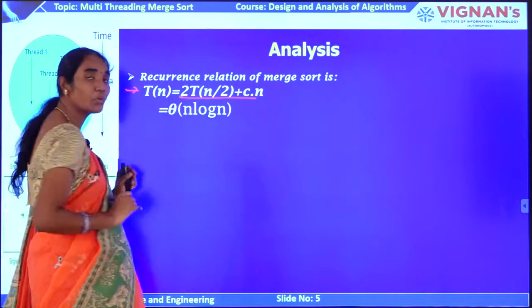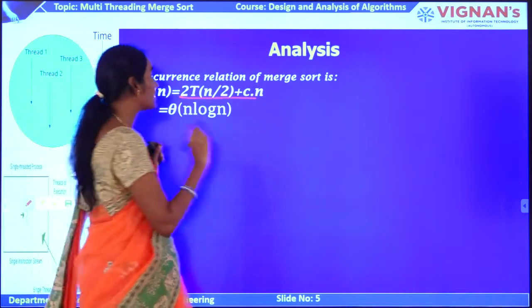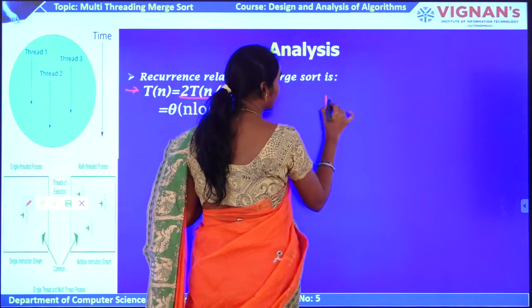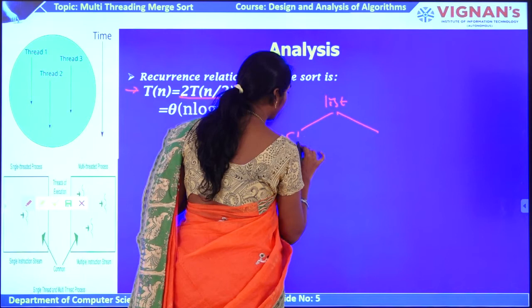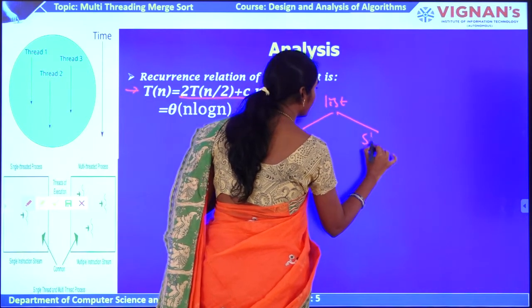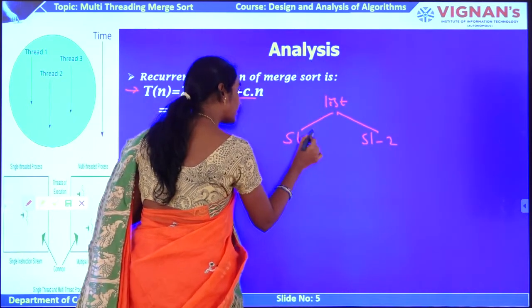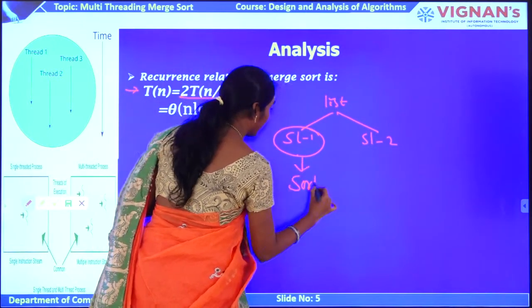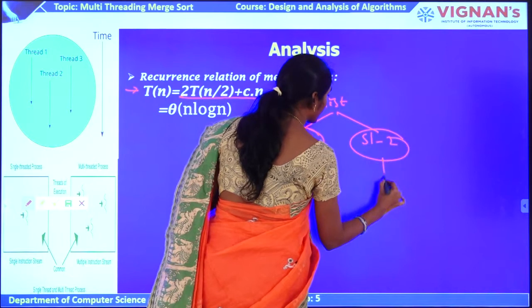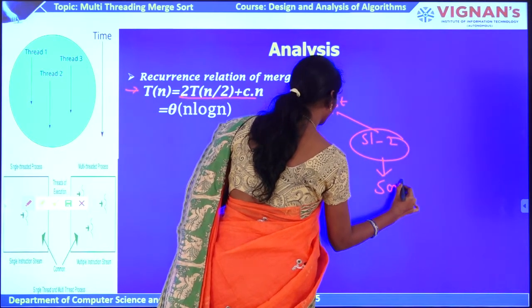So why is it 2T of n by 2? Because the list is getting divided into two sublists, sublist 1 and sublist 2, and sublist 1 has to be sorted and sublist 2 also has to be sorted, right?